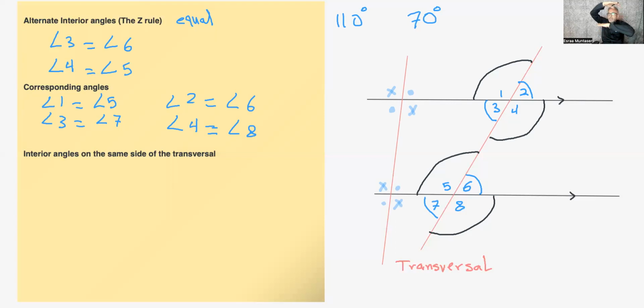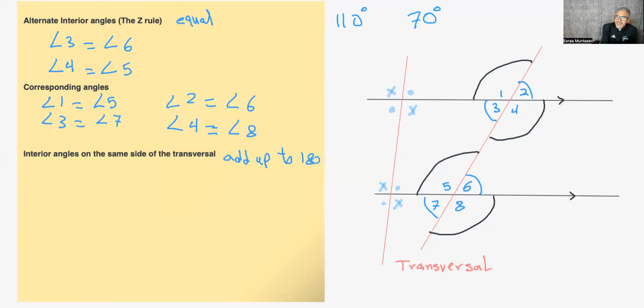If these are two parallel lines, my face is between the two parallel lines, so we're talking about this area right here. So interior angles on the same side of the transversal add up to 180.